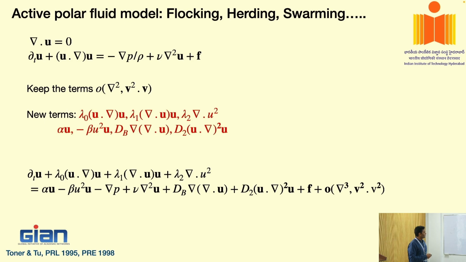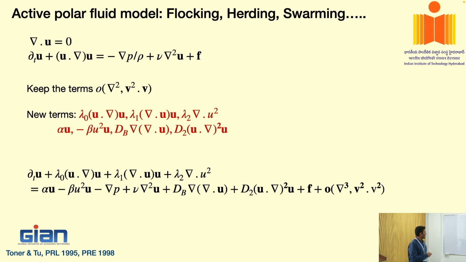This term just shows a source and sink of energy, because it is the divergence of energy. This term is simply either a linear drag or a linear reinforcement to the system, this alpha u, and this is going to break the Galilean invariance.